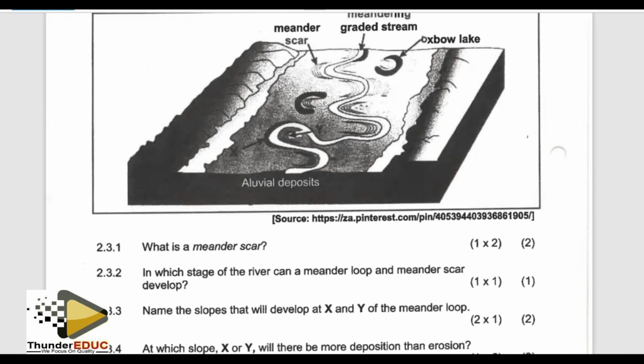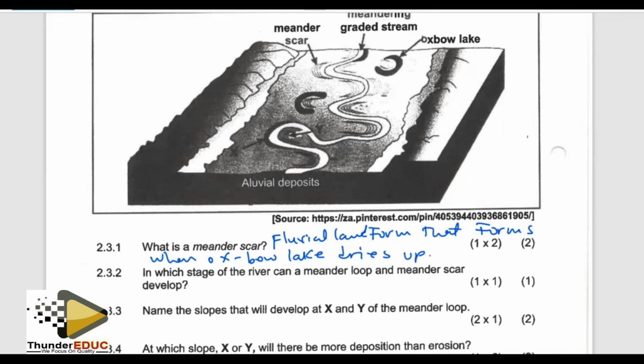A fluvial landform that forms when an Oxbow Lake dries up.